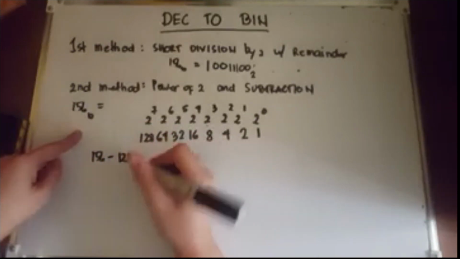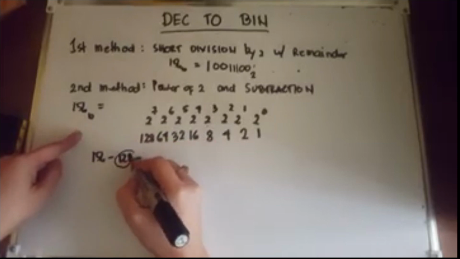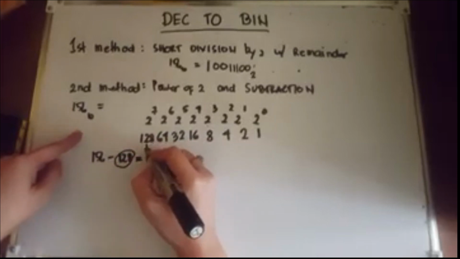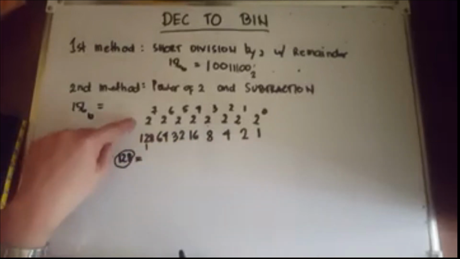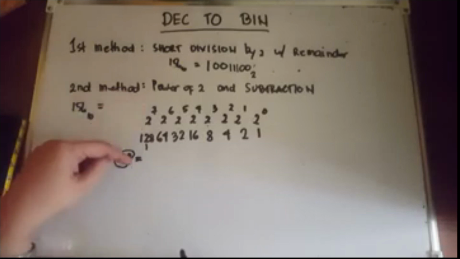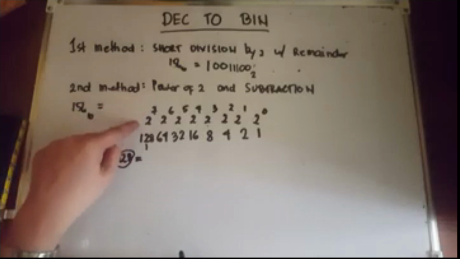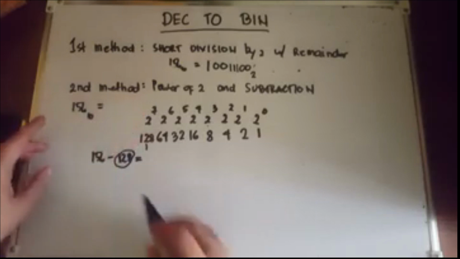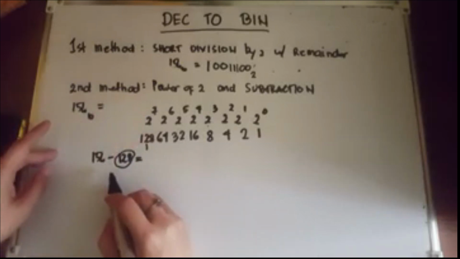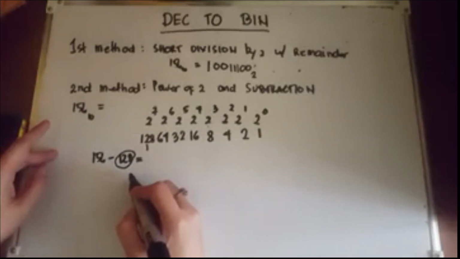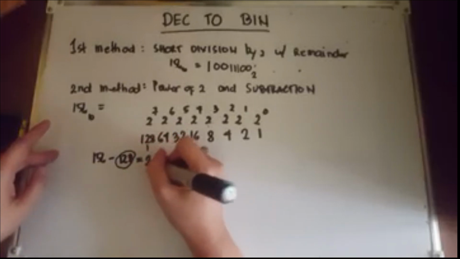Since we got this number already, we're gonna put here 1. So 2 to the power of 7, the switch for this is being turned on. So 156 minus 128, that would be 28.